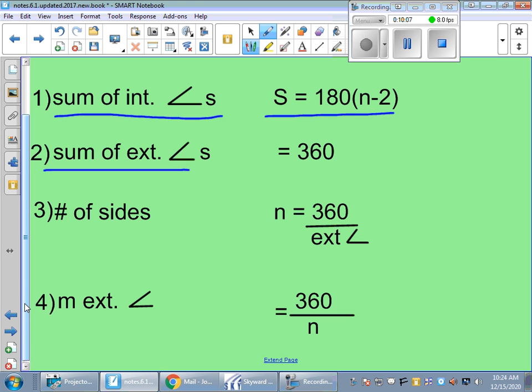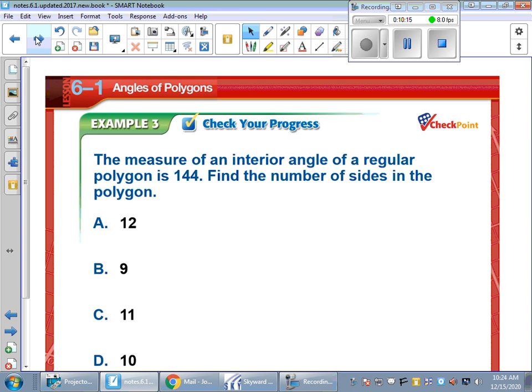And the last one, if you need to find the measure of an exterior angle, 360 divided by the number of sides. So those equations should help guide you through when you get to the homework.